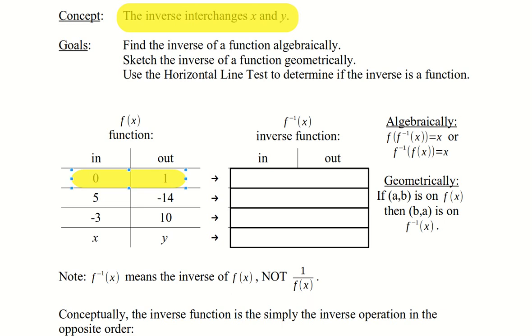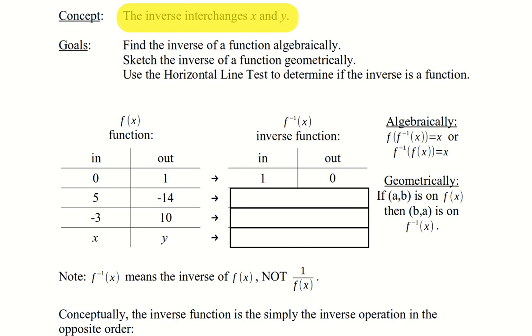Now, the inverse function is f inverse of x. So here's the notation for the inverse function. It's not the inverse of g or of some other function, it's the inverse of f, so it will undo what f did. When we put 1 into f inverse, out will pop 0. In other words, whatever f does, f inverse undoes.